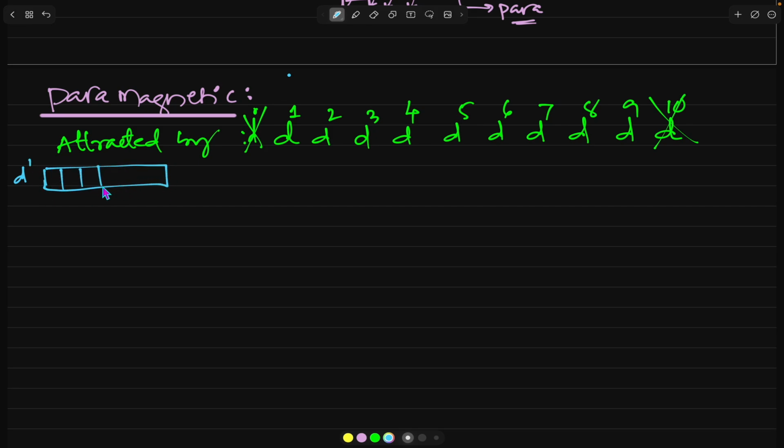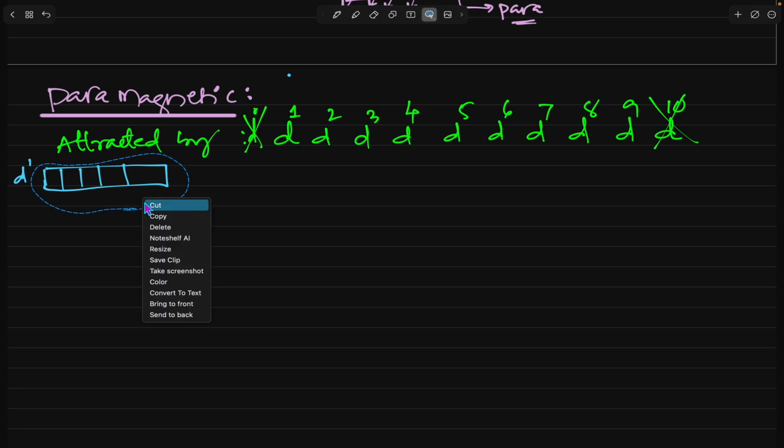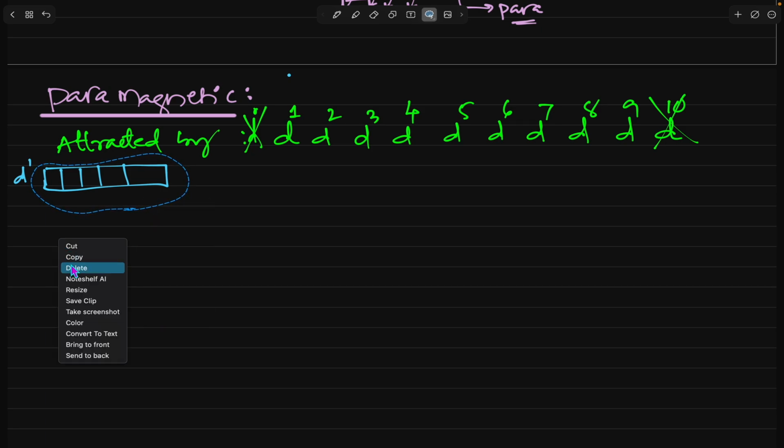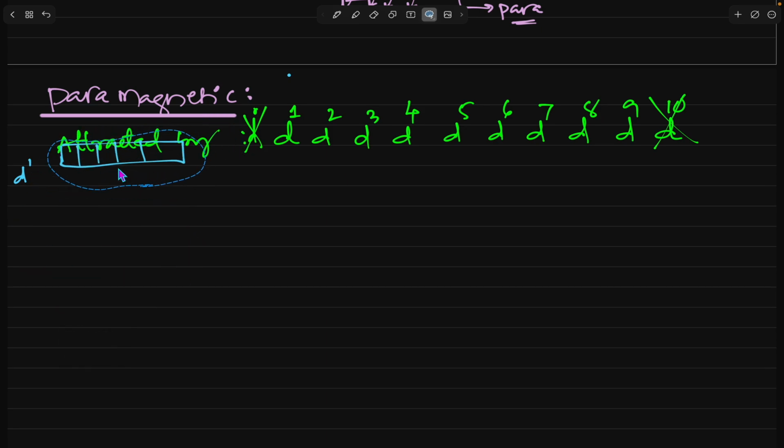So 1 2 3 4 5. So you have one D1 configuration here.